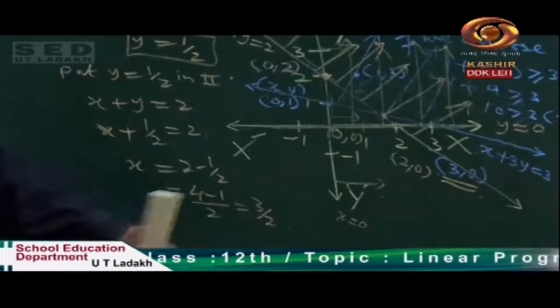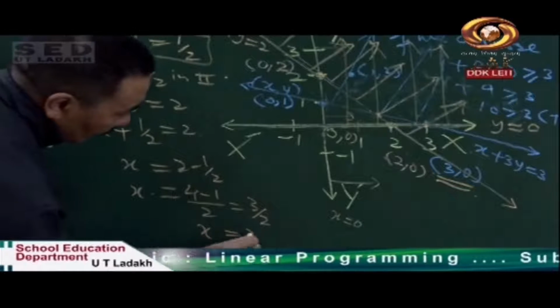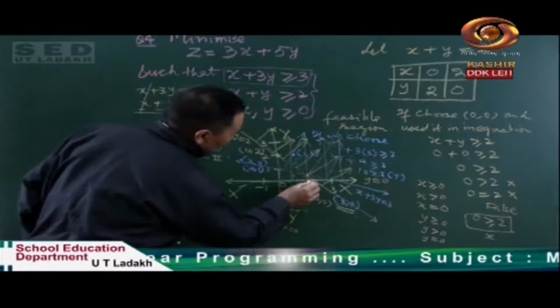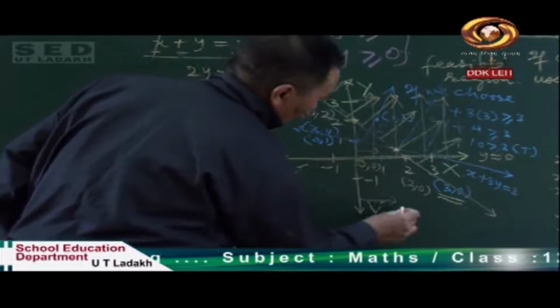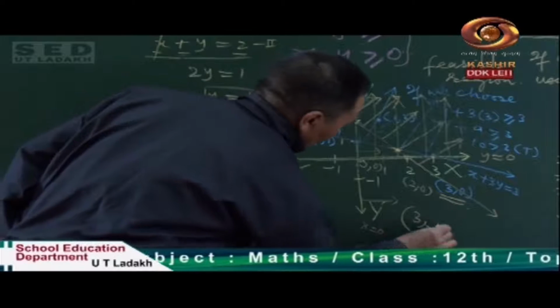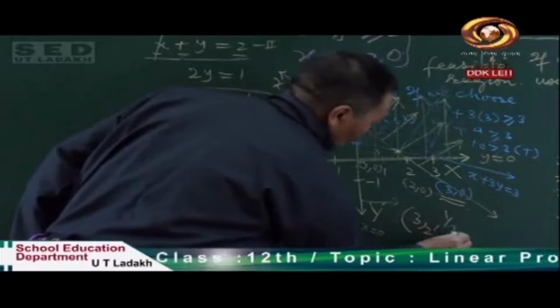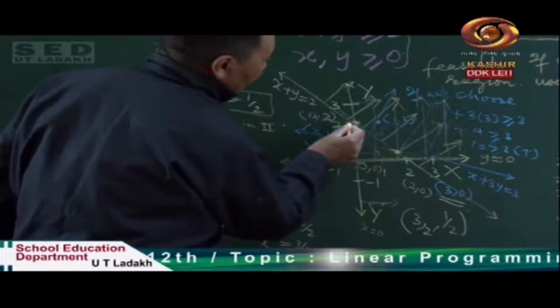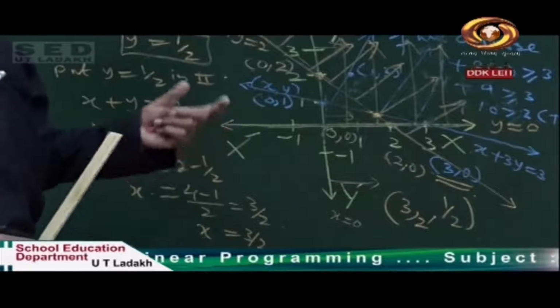So the value of this point will be x equal to 3 by 2 and y equal to 1 by 2.